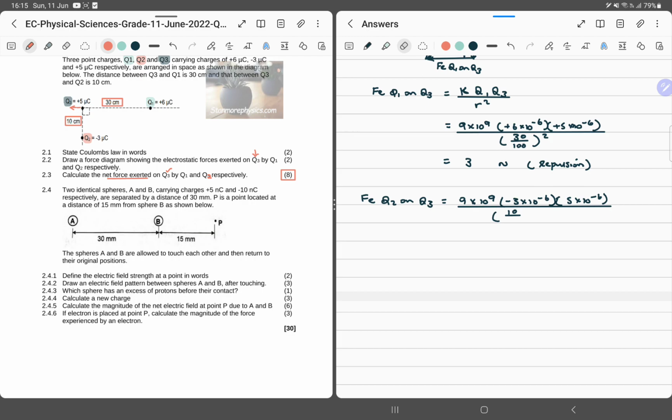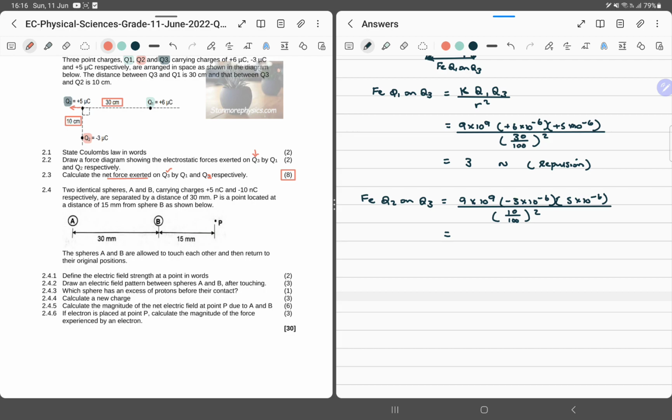Okay, not a problem. So there was a bit of a situation here. So this is over 100, and then we square that. I'm just trying to save myself from a bit of a disaster. So that is a minus 3. So now we come here.